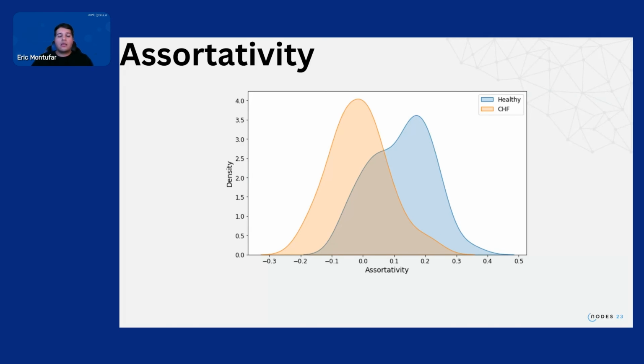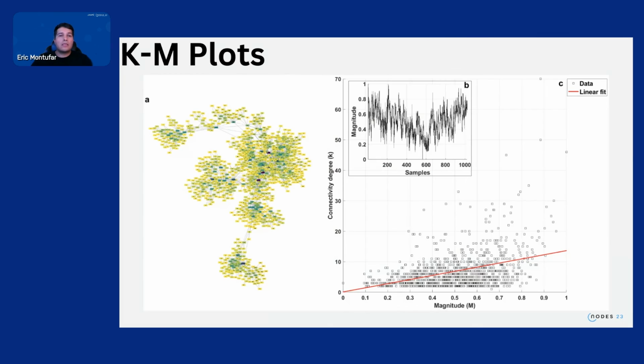Another analysis that has been widely used in science using the visibility graph as input is this one, the KM plots. This is something I would say is a hybrid method, because it uses both the time series and the graph in order to do an analysis. As you might remember from what I mentioned before, each value of the time series is converted into a node in the graph.